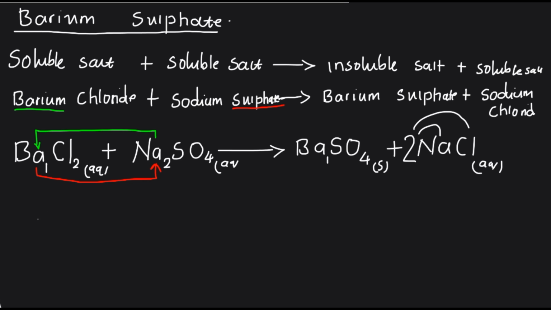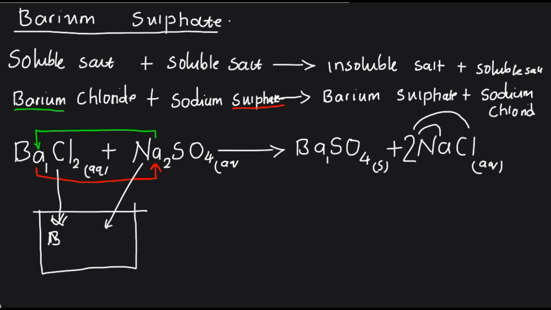Let me see if I can make a picture here. So these two salts have been put in one system. So at first we have barium bonded to chlorine. Then sodium bonded to sulfate. So this will take this position.